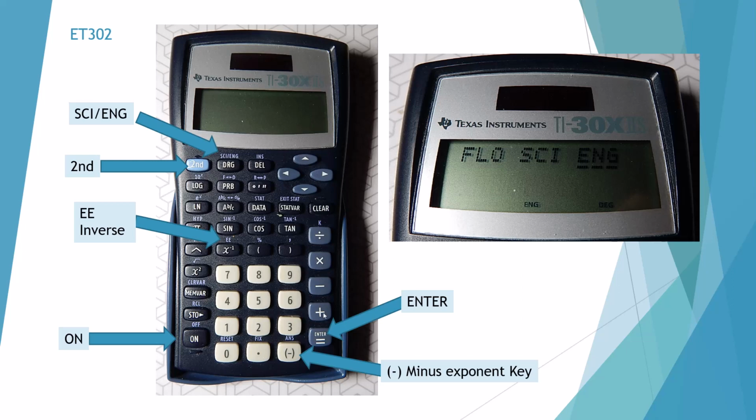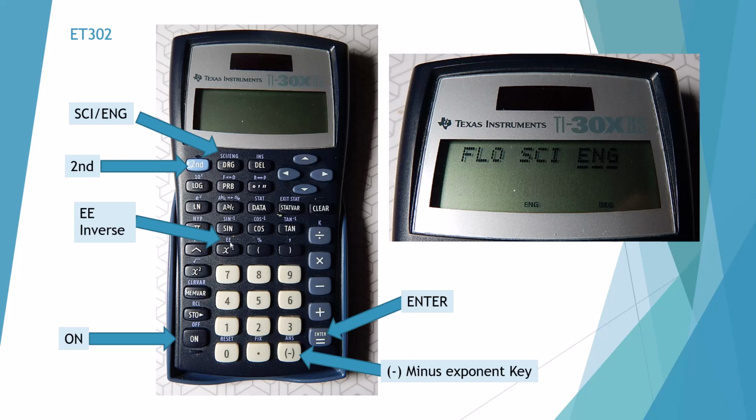We have our standard multiplication and addition keys. And when we do exponents, we put our number in, push our second key, and then use our EE button.